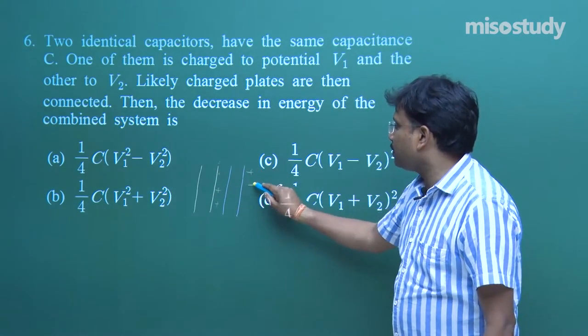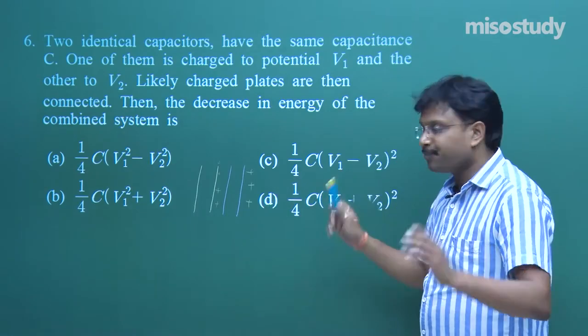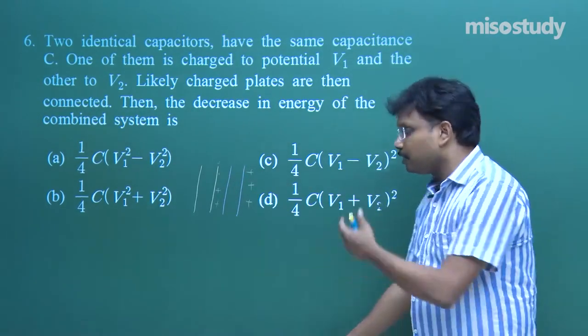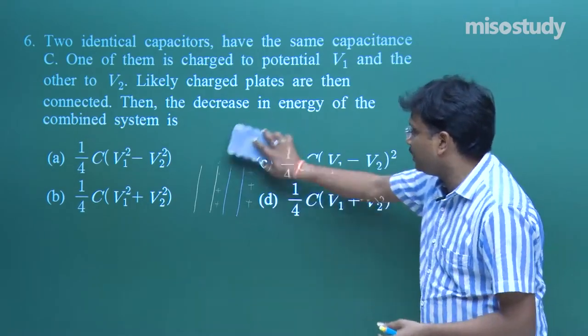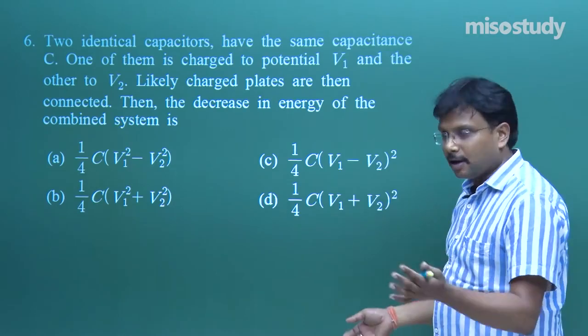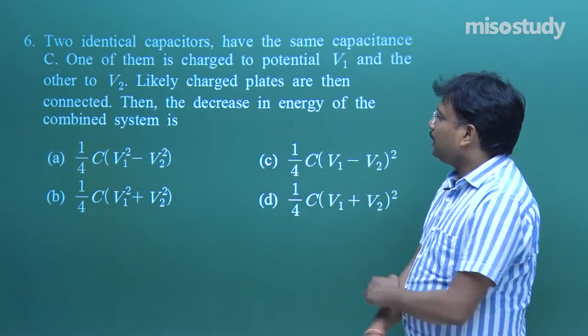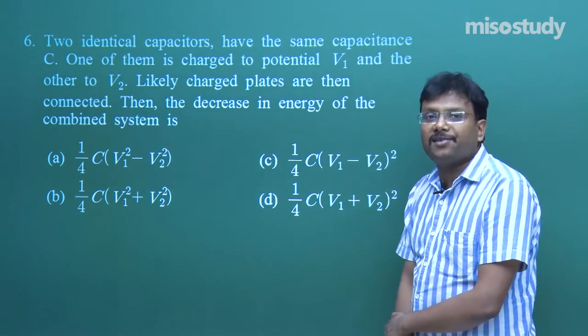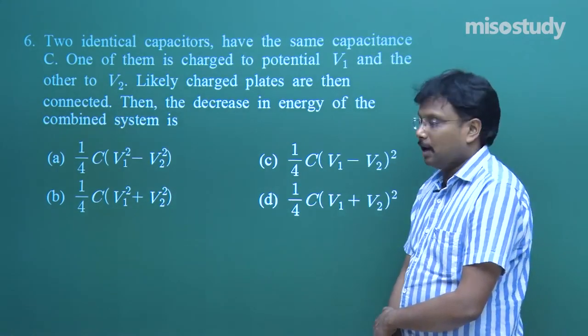So we connect the positive plates together. That is the meaning of this line. Then you have to find the decrease in energy of the combined system.